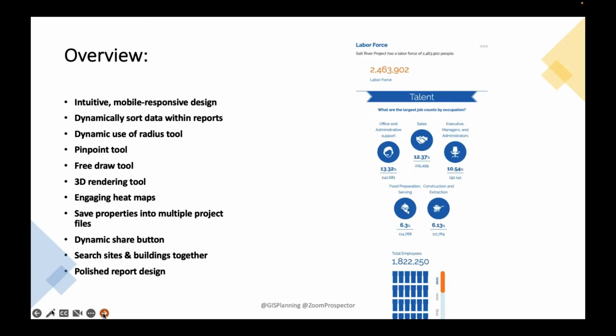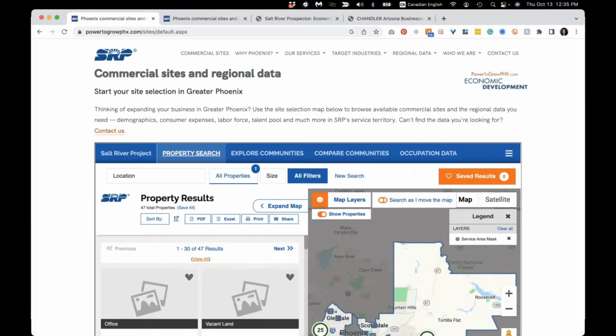By hosting this on the website, the Salt River Project is putting this key data in the hands of local businesses and of potential investors looking to make location decisions within the territory, so they can do all kinds of assessments in the different communities and then around specific properties. So what I'd like to do then is jump into a presentation of the tool itself so that you can see what it is that we're actually looking at.